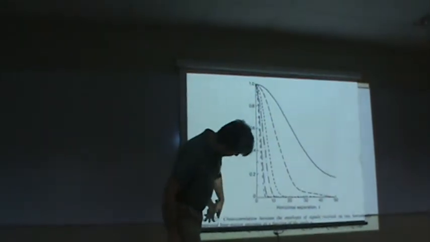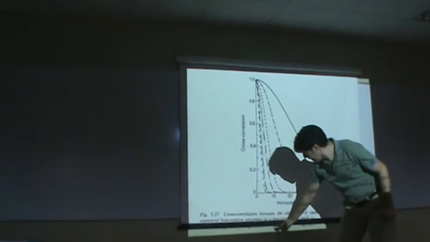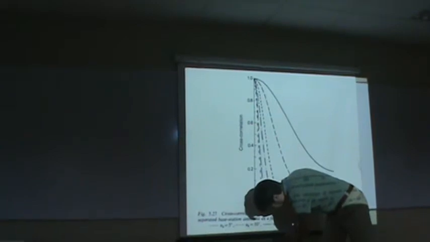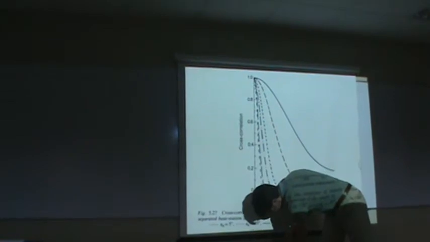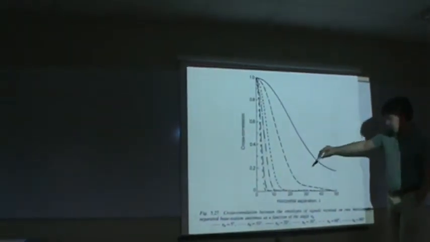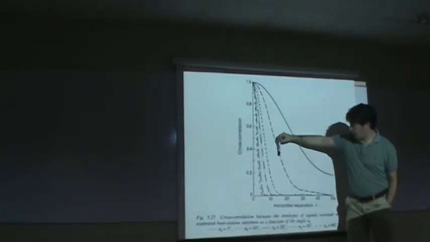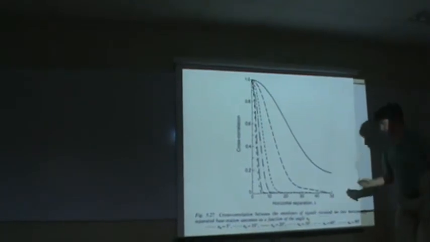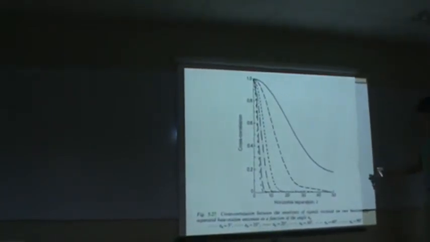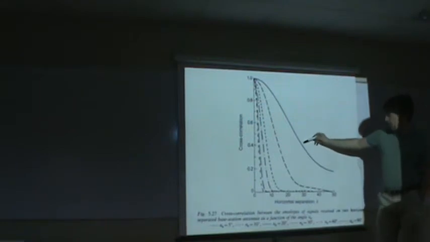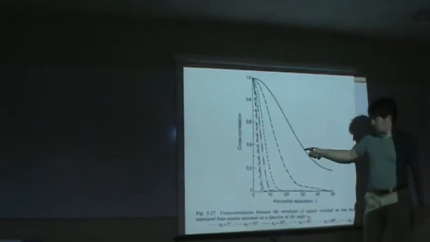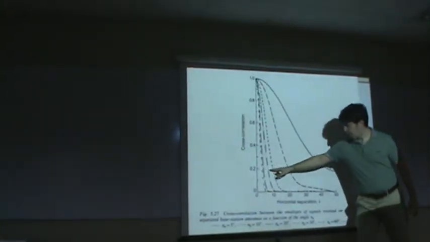This is a function you cannot read it because, let me see if I can lock this thing down. All those curves refer to different angle distributions, and you see that the larger the angle distribution, the lower the correlation.